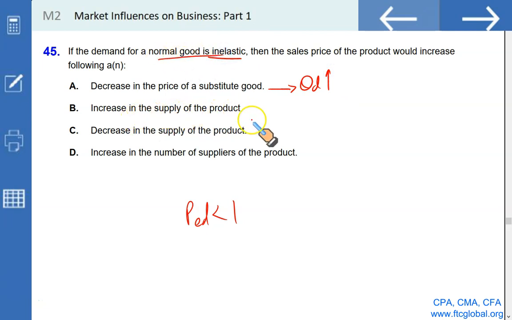Increase in the supply of the product may result in decrease in price of this product. The decrease in the supply of the product, yes, this is opposite to option B and the right result. Decrease in the supply of the product will increase the price of this product we're talking about. C is the right option.